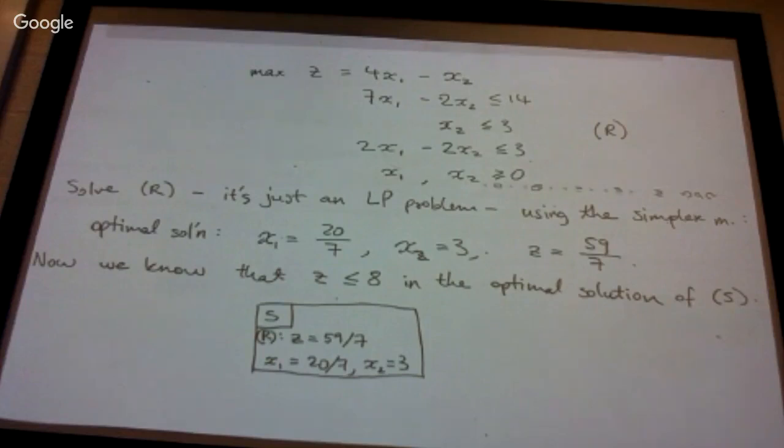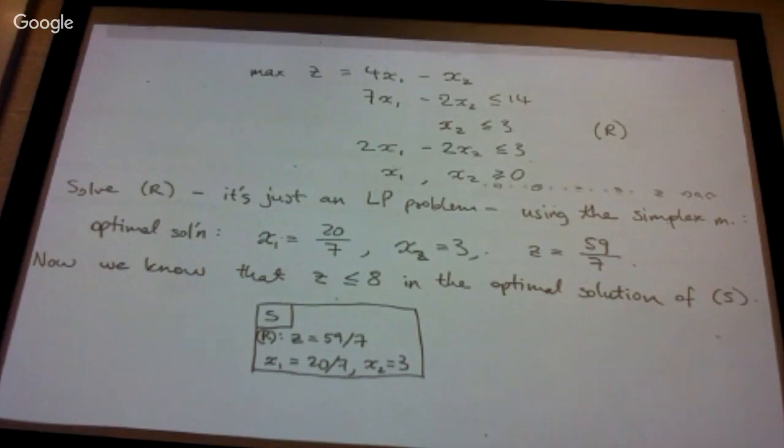Now, if x1 and x2 had to be 0 or 1, then it's kind of easy: you just pick one of them and you set it to 0 on the one hand and to 1 on the other. But here you can't do that.